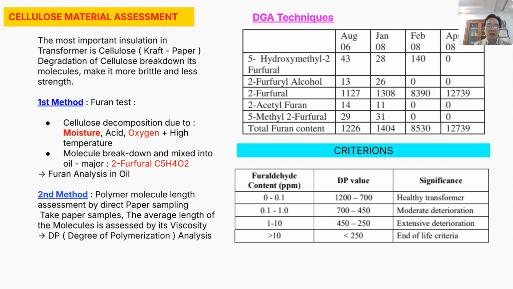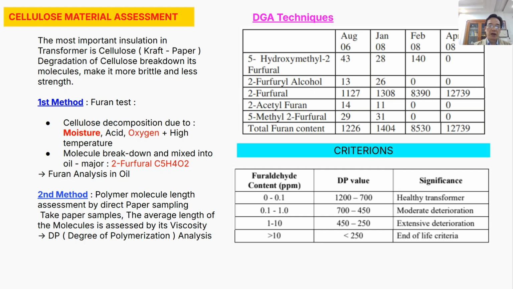Then if CO and CO2 are abnormal, especially if we consider the ratio of CO2 per CO is less than 3 or over 11, it is indicating a problem with the paper aging.